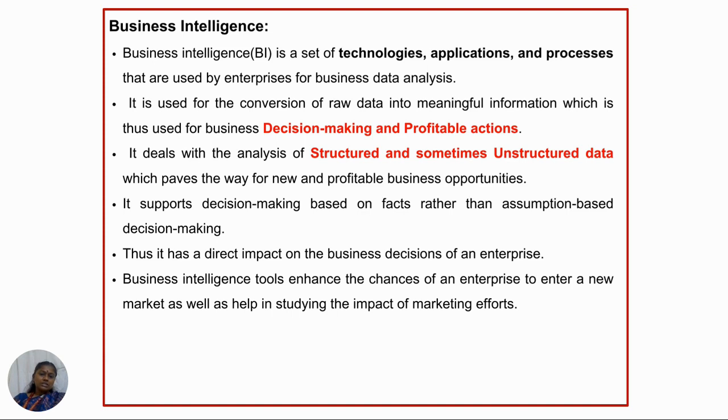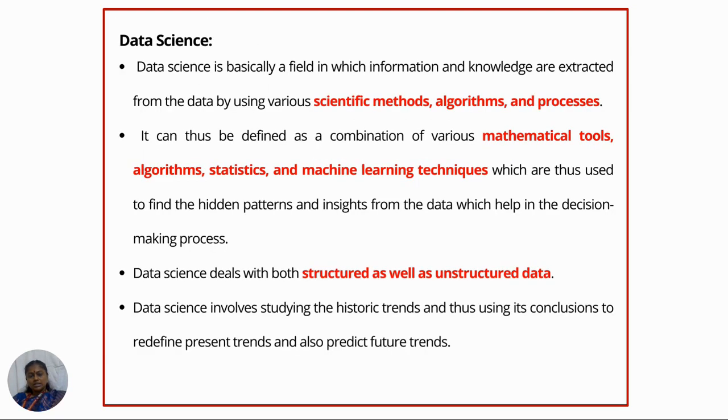So this analysis is sometimes called structured analysis. Sometimes it might be an unstructured format, that is, they are implementing new kinds of tools, like decision making tools, some assumption-based decision making. So in those situations, there may be unstructured data.